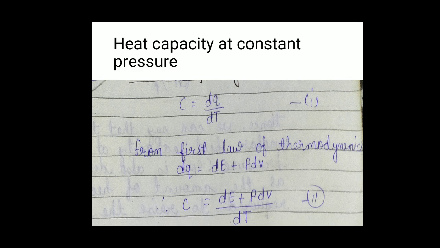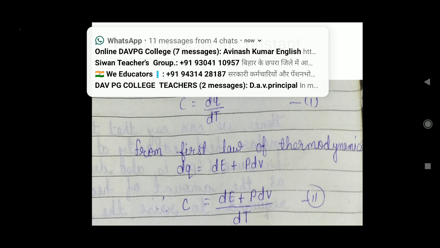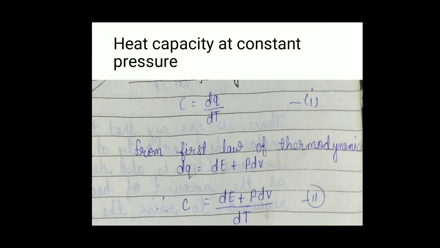Now come to the heat capacity at constant pressure. It is also denoted as C equals dq by dT. According to the first law of thermodynamics, dq must be equal to dE plus PdV. Now C is equal to dE plus PdV by dT.